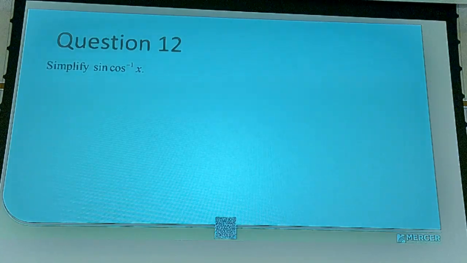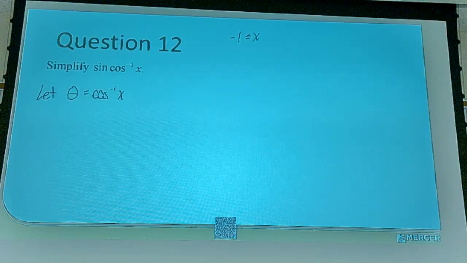We also have to work with expressions. Sine of the inverse cosine of x. So set theta to be the inverse cosine of x. We obviously already have a restriction on x. Let's just write that down for our reference.